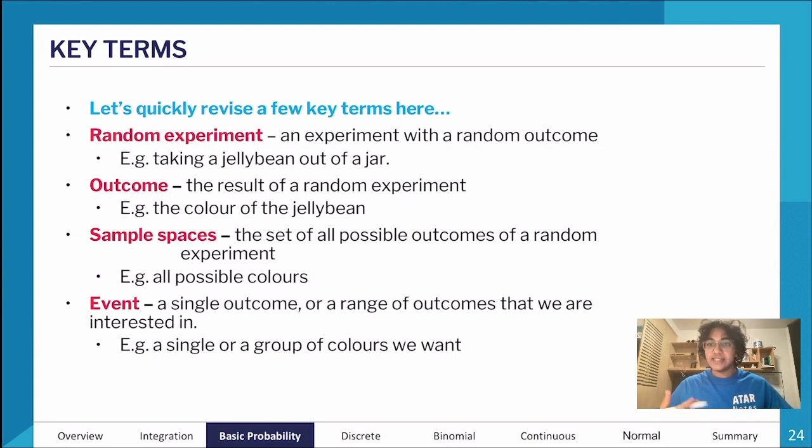And an event is a single outcome. For example, if I pull out a green sock, that is an event, right? Also, let's say I'm interested in the probability of pulling out 5 green socks in a row. Pulling out those 5 green socks in a row is also an event.